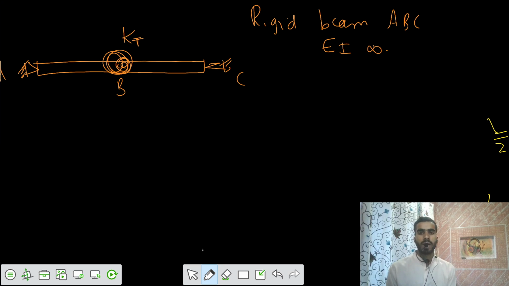If the beam is rigid, that means EI of the beam is infinite, and you are applying a load of P at this point B.